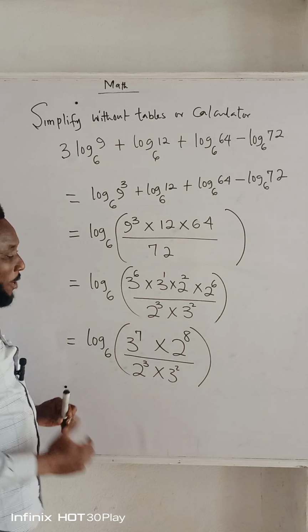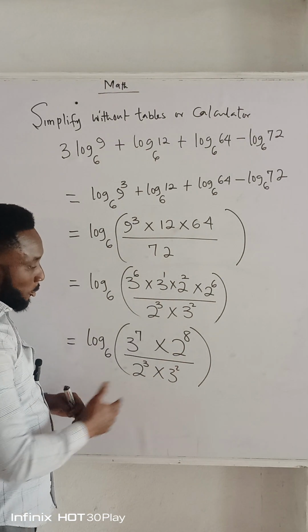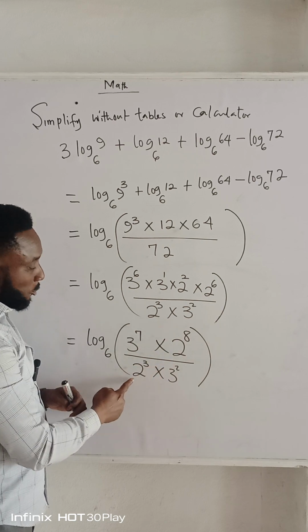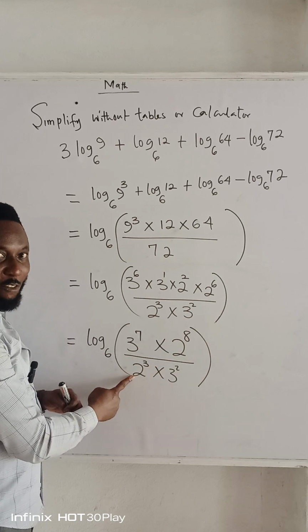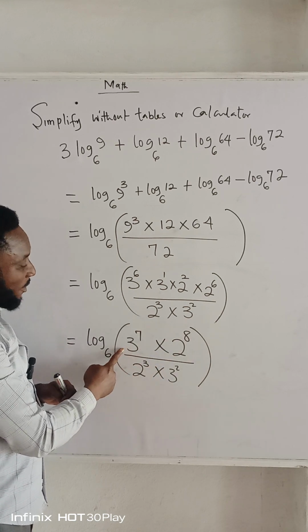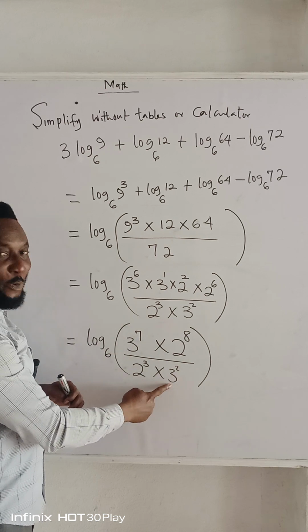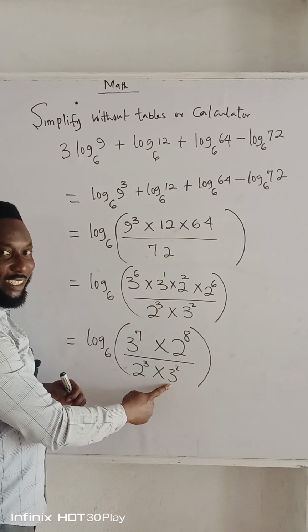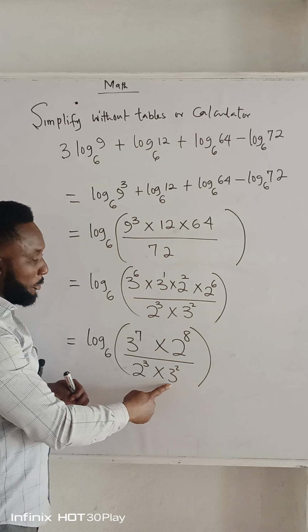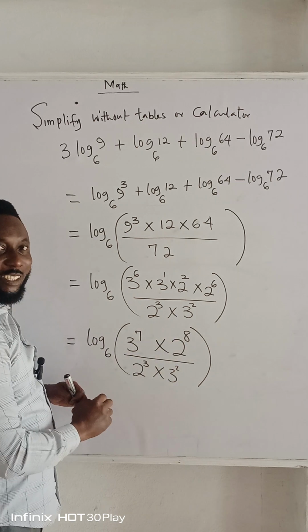So at this level, we have to align these guys. 2 to the power of 8 can divide 2 to the power of 3 because they have the same base. 3 to the power of 7 can divide 3 to the power of 2 because they have the same base. So if we invoke the division rule, it means we have to subtract the powers.